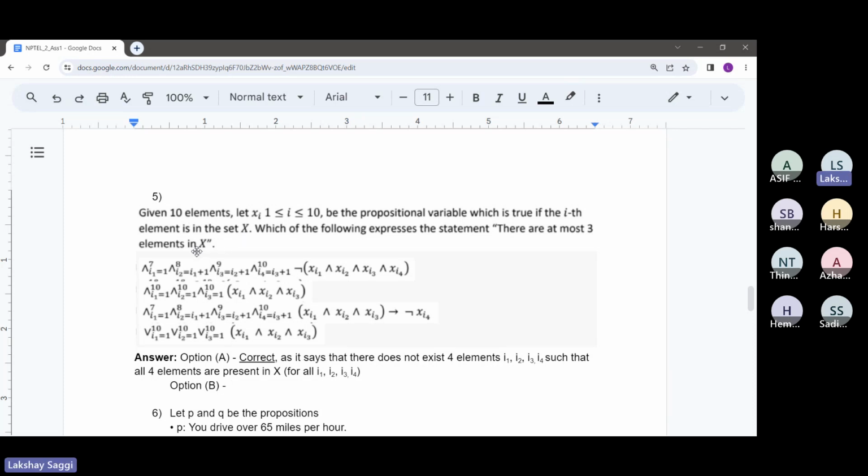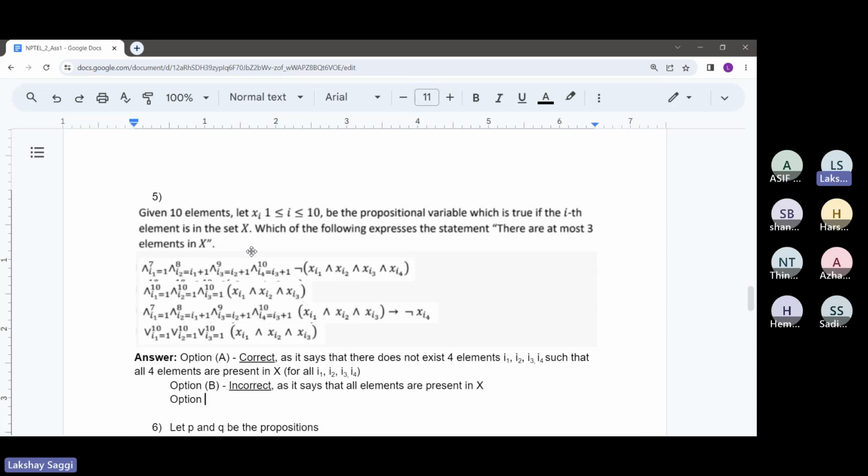And it's saying that this is true over all i's. So this is actually incorrect. It's just saying that all possible triplets of elements are present in X, which basically means that all elements are present in X, which is not what we want to state. I hope I am making sense here. So this is incorrect, as it says that all elements are present in X.